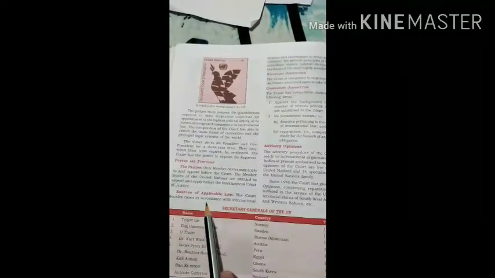So, as it says in the second point, sources of applicable law, how does it apply the laws? The court decides cases in accordance with international treaties and conventions in force. So this is the point.